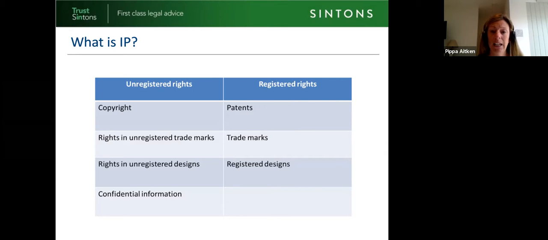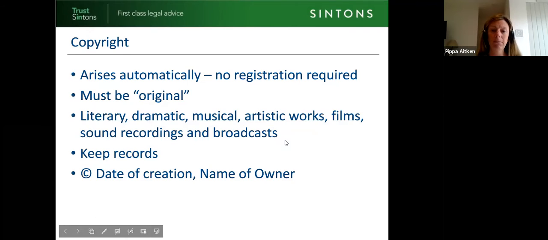And on the right-hand side are registered rights: patents, trademarks, and registered designs. I'm going to talk a bit more about the common intellectual property rights, the ones that I deal with mostly, which are copyright, registered designs, patents, and trademarks. So we'll start with copyright.